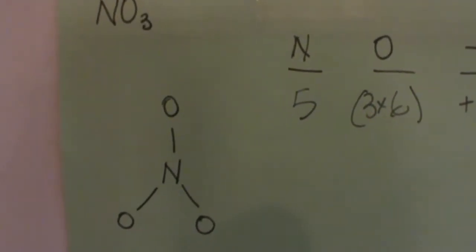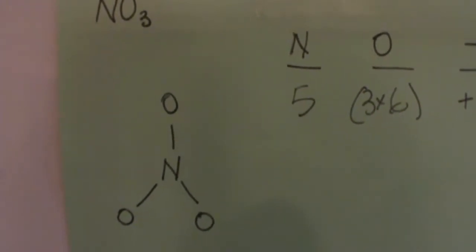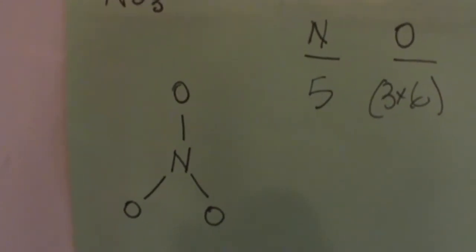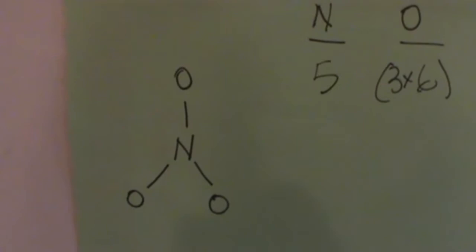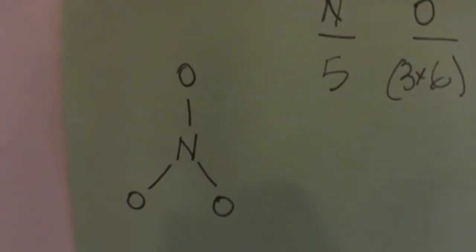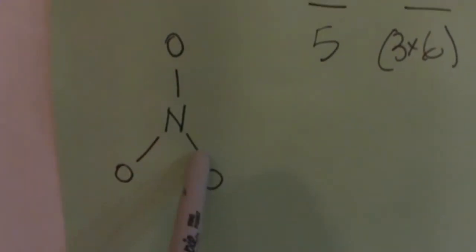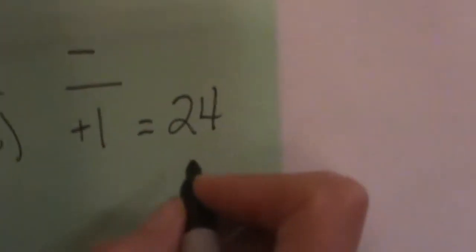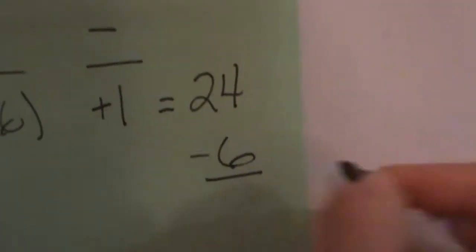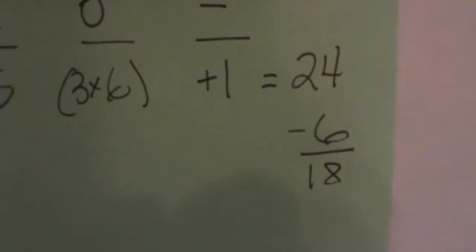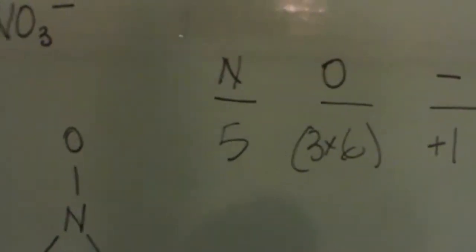Our next step now is that we're going to assign leftover electrons to the terminal atoms to form octets. So we need to subtract out the number of electrons that we've used in our bonding. We have 1, 2, 3 bonds, and there are 2 electrons per bond, so we have used 6 of our 24. We now have 18 electrons remaining to assign to the terminal atoms.